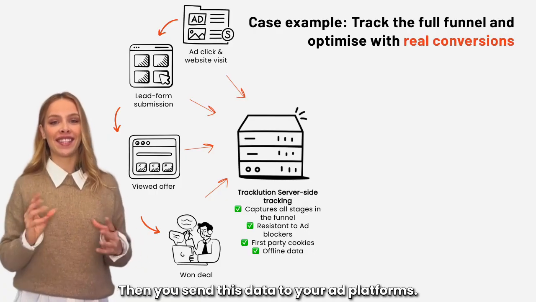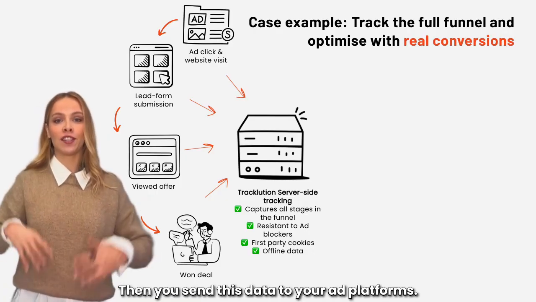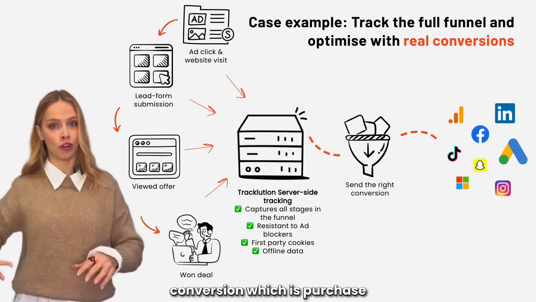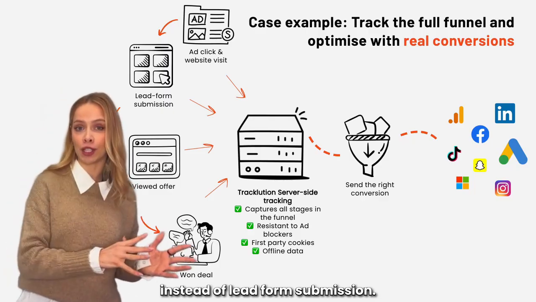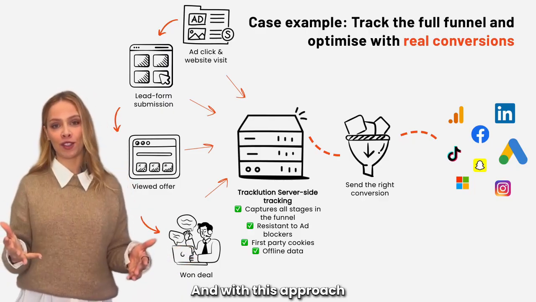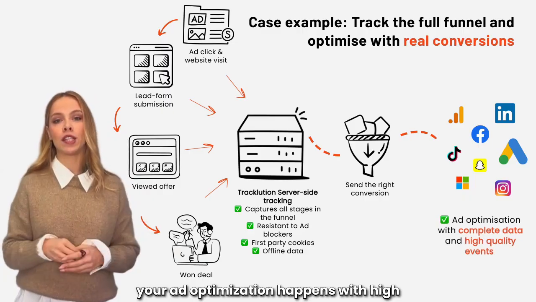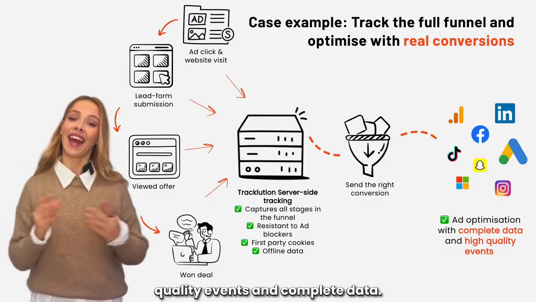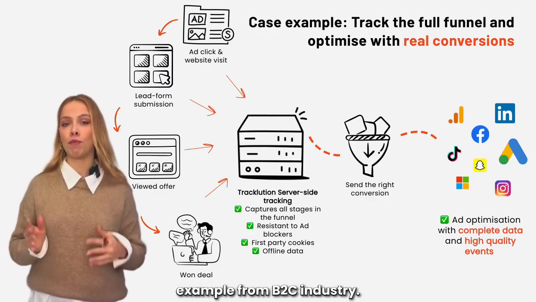Then you send this data to your ad platforms, so now you're able to send the actual conversion, which is purchase instead of lead form submission. And with this approach, your ad optimization happens with high quality events and complete data. Now on to the second case example from B2C industry.